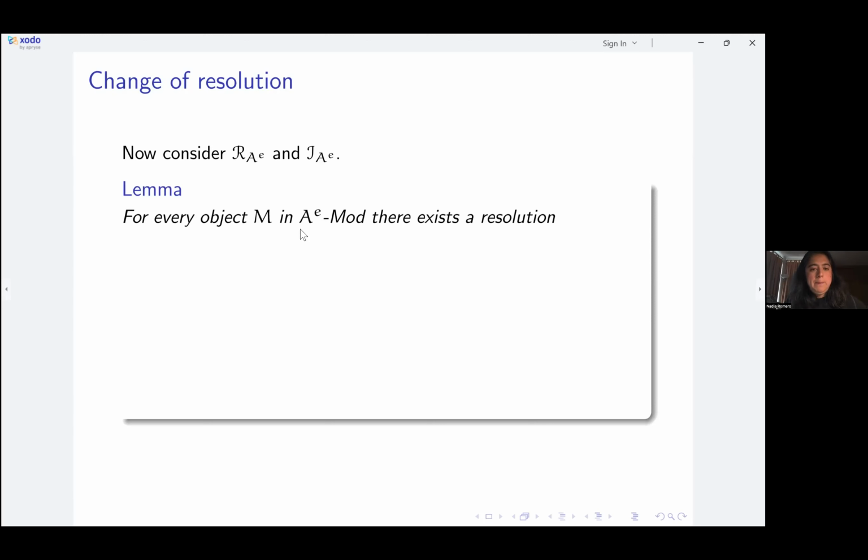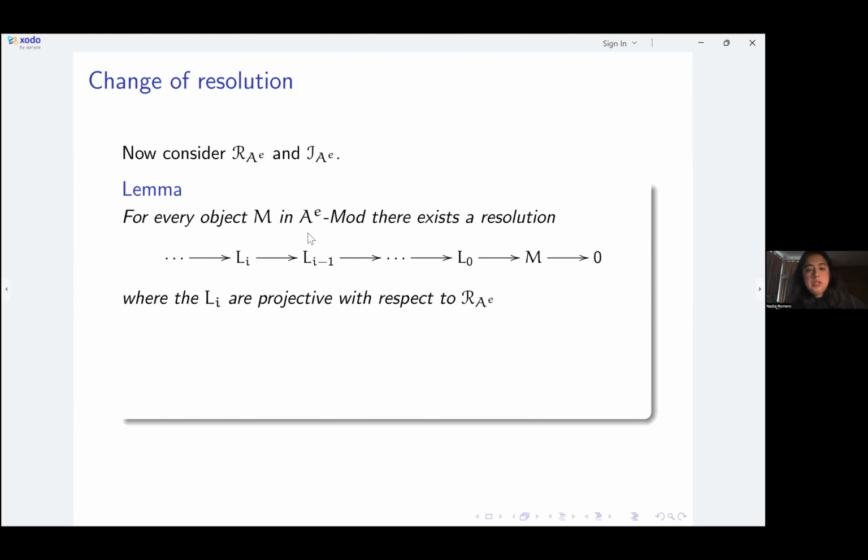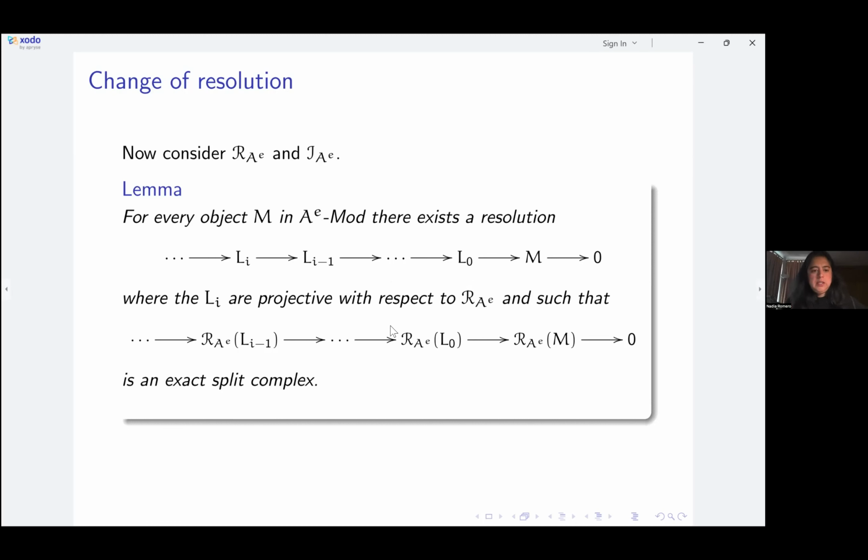If we have a bimodule M, then we can find a resolution for M in which each of these objects are projective with respect to the restriction. So these are all bimodules, of course, but they are projective with respect to restriction, and such that the restriction of the whole complex is an exact split complex. And moreover, this resolution for M is unique up to homotopy.